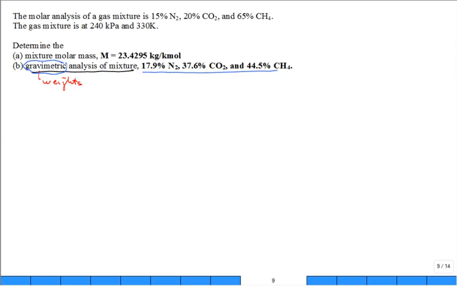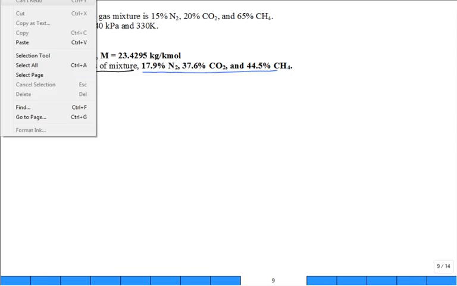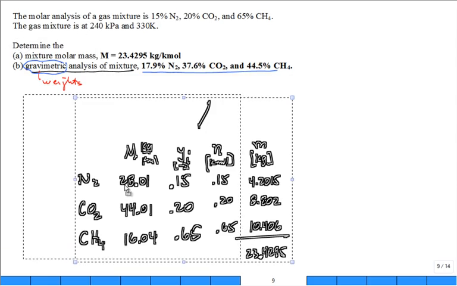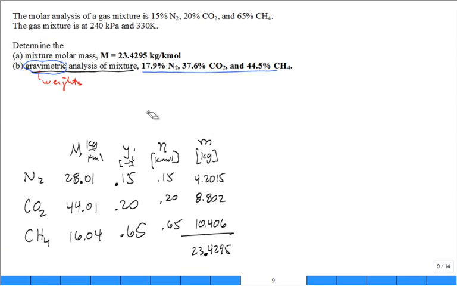All right, so what we're going to do is paste here, and we just continue this table over, don't we? So we started with the assumption of 1 mole, and then we continue on the process. If I'm looking to calculate the mass fraction for each component, which is dimensionless, just like the mole fraction was dimensionless, how do I calculate?